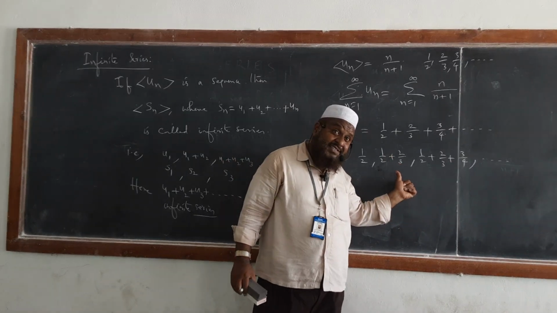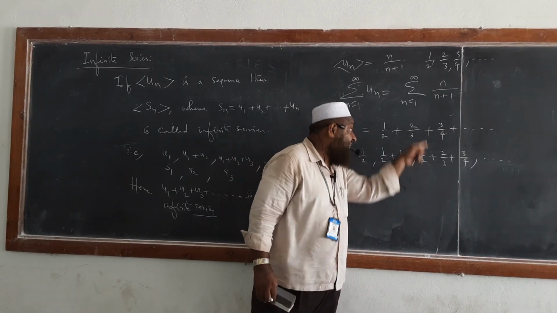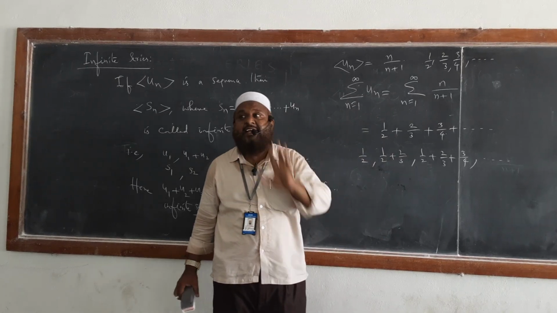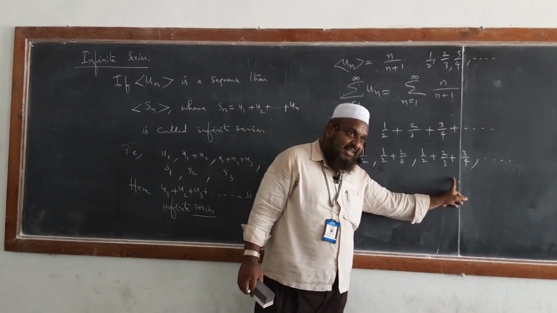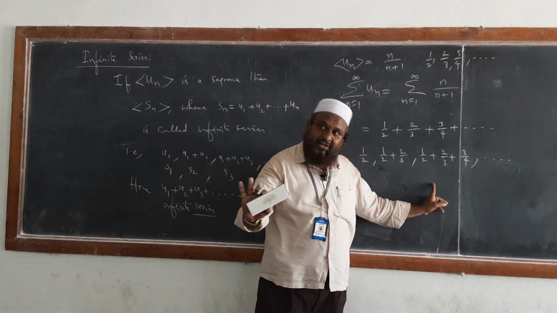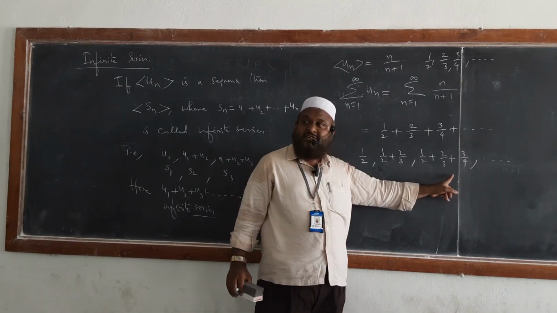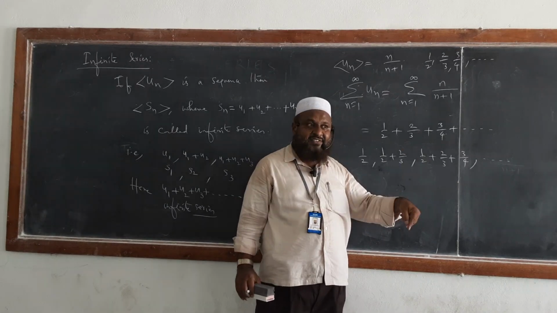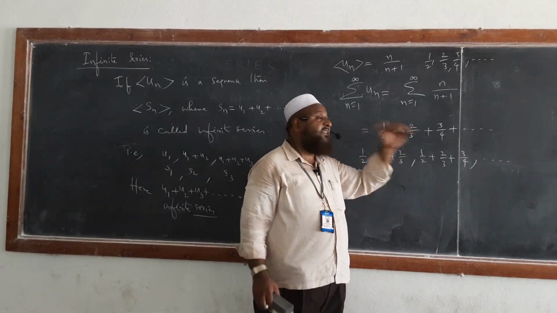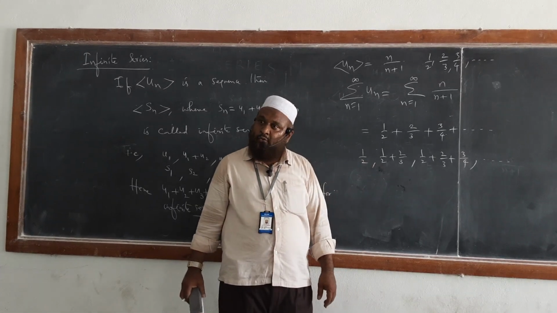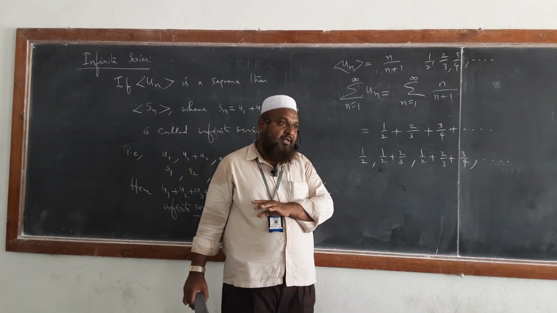If this sequence is convergent, then we say this series is convergent. Once again I repeat, if this sequence has a limit, this sequence is called convergent, and if this sequence is convergent, we will say this series is convergent. Okay? I hope you are all clear.